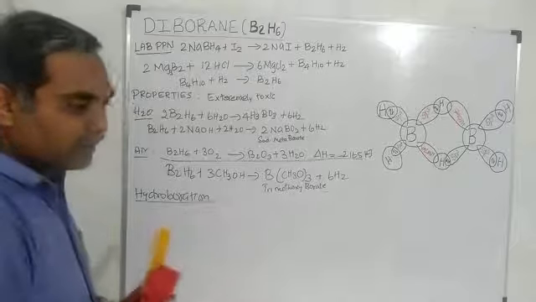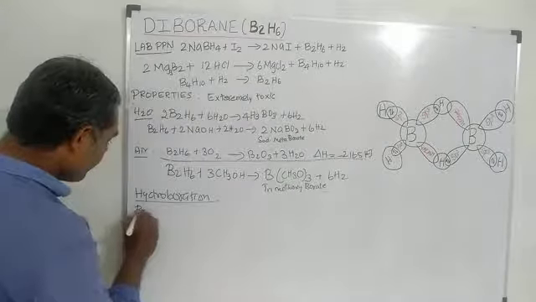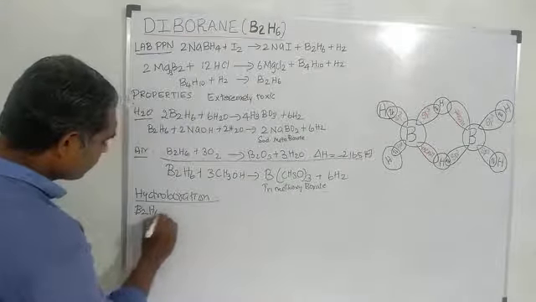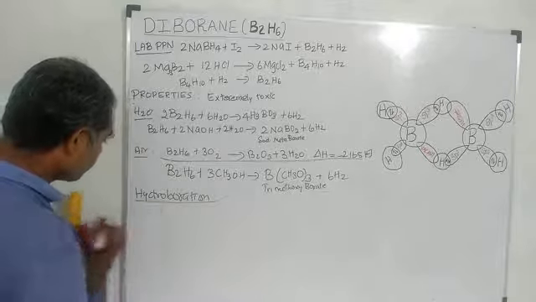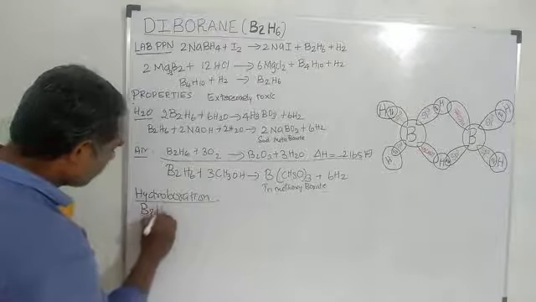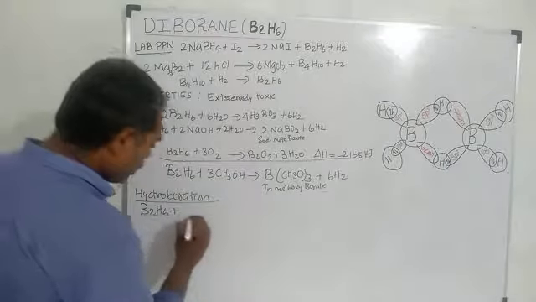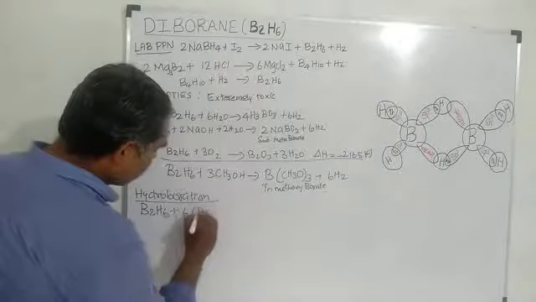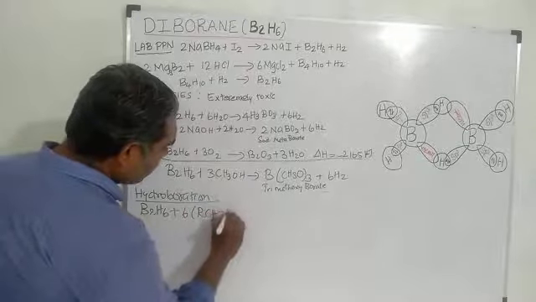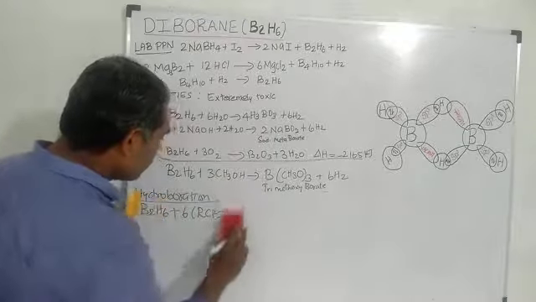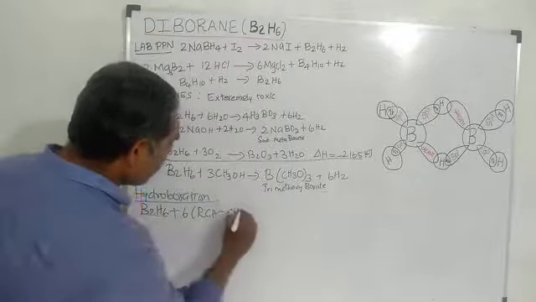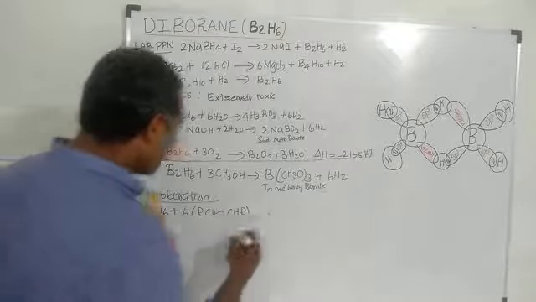Next reaction is a hydroboration reaction. In this reaction, B2H6, diborane, reacts with an alkene. So alkenes or alkynes can react.